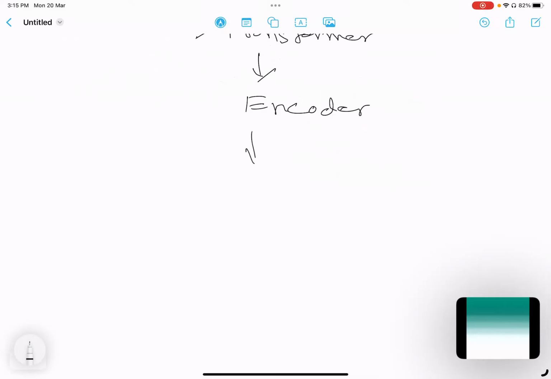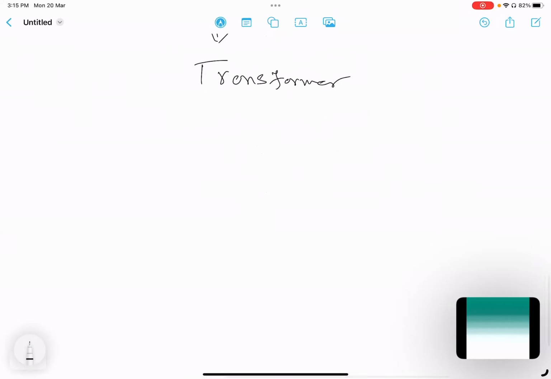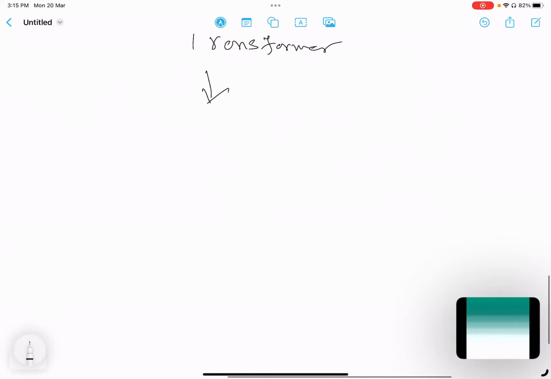After this, it will be given to the hidden layers or transformer layers, and after processing it will be given to the decoder, and the job of the decoder is to give the output.